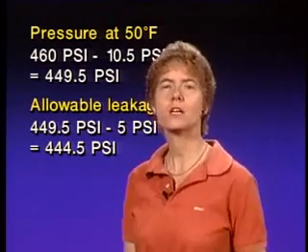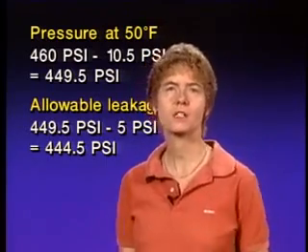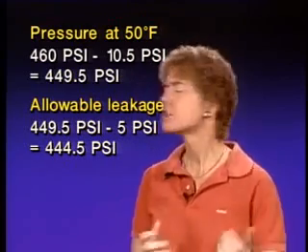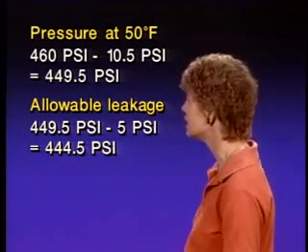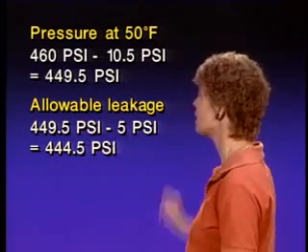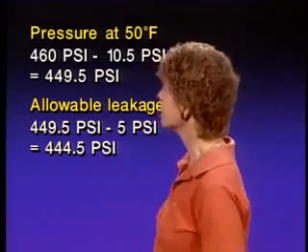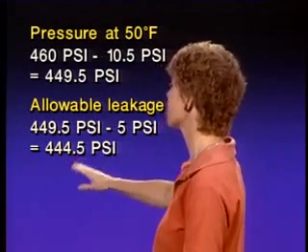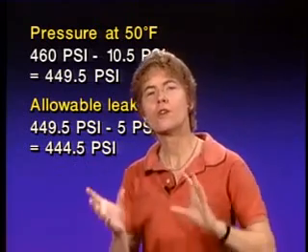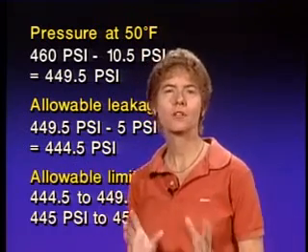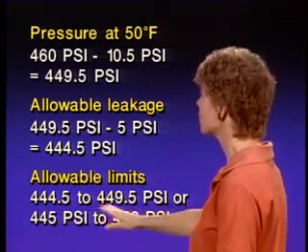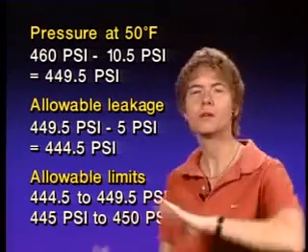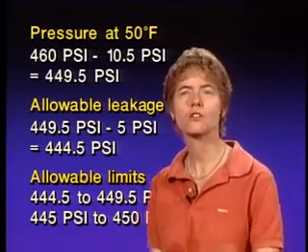But we are allowed a little bit of leakage. Remember, they said you're allowed a leakage of 5 psi over a 6-hour period. So if you take that 449.5 that it ought to read if there's no leakage and subtract the 5 psi allowable leakage, then the minimum reading that you would have would be 444.5 psi. So the allowable reading at the lower temperature would be 444.5 to 449.5 psi, depending on whether you had any leakage or no leakage.